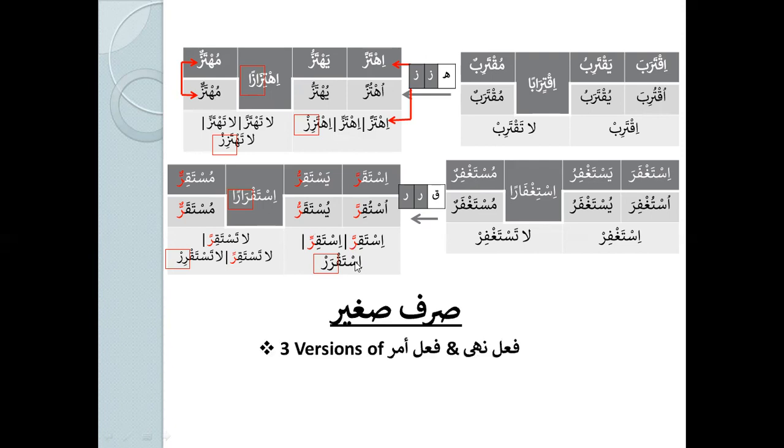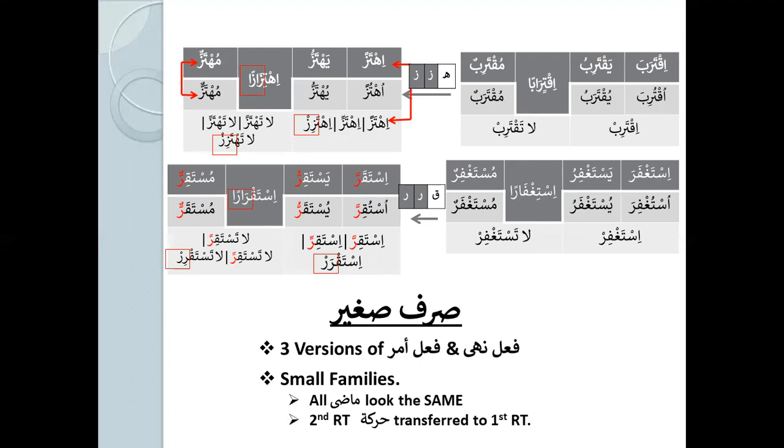So now if you summarize Sarf Saghir, you see that there are three versions in all the families. By the way, I did not do the Sarf Saghir of the small families because it's pretty easy and there's not much. I will probably just make a PDF of the small families' Sarf Saghir and post it.